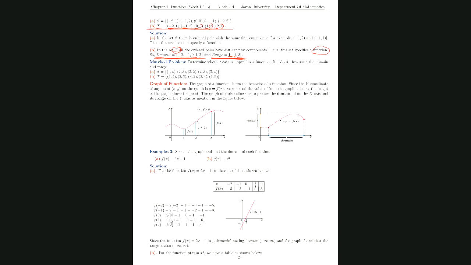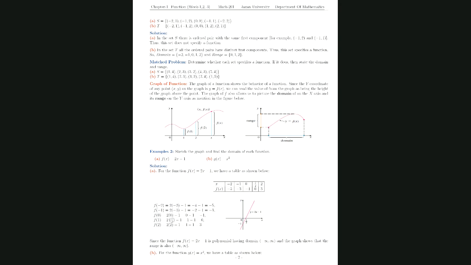Look, output 1 appears here again. Output 1 appears 2 times, but we write it here only 1 time. So this is the range. This way you decide.